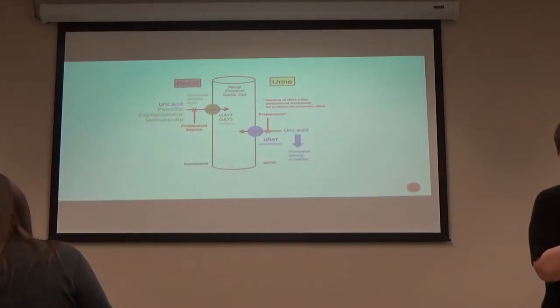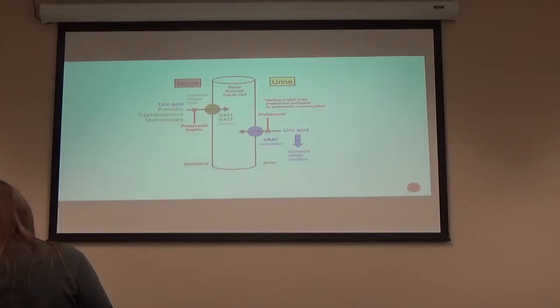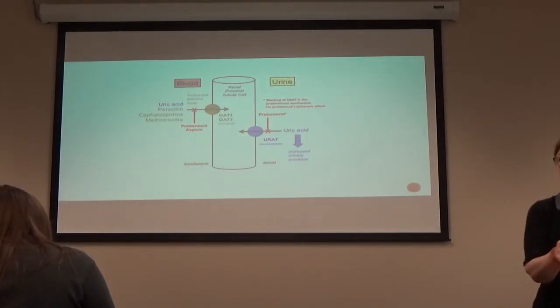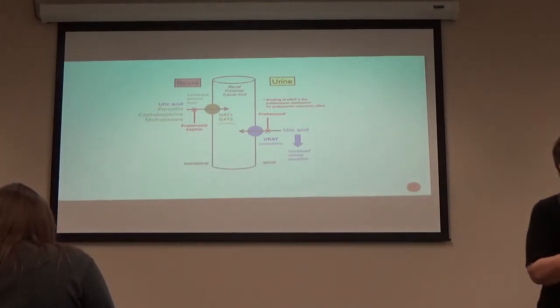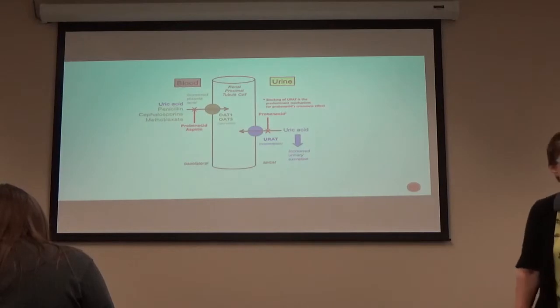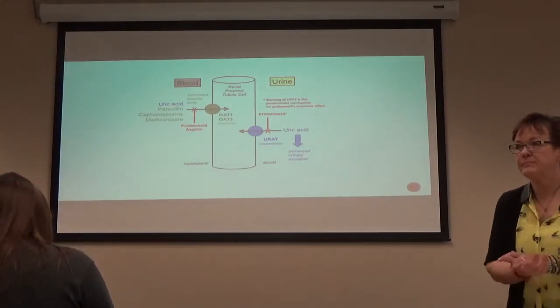So if you've got somebody who's got high uric acid and they're on a low dose of aspirin, it's probably contributing. Now you have to weigh what's most important. If they're on a low dose for cardiovascular protection, then you may just have to work with trying to get rid of the uric acid in another way.